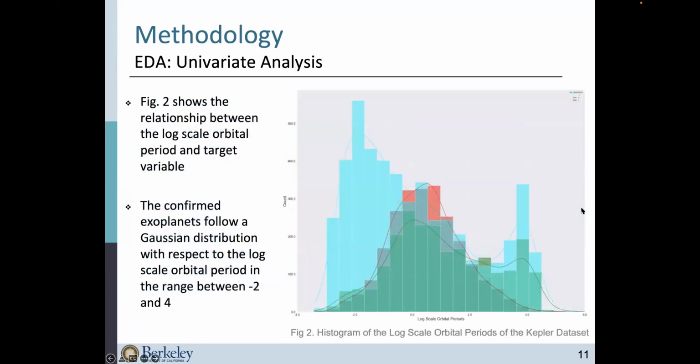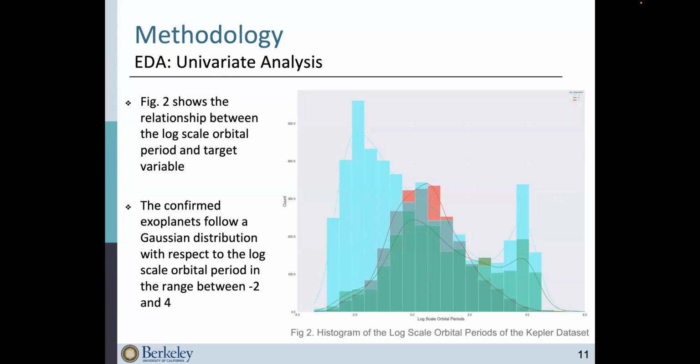Then we do some univariate analysis. For example, figure 2 shows the relationship between the log scale orbital period and the target variable. The x-axis is the log scale orbital period, and the y-axis is the number of exoplanets.